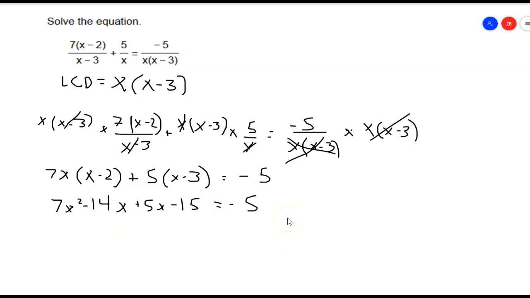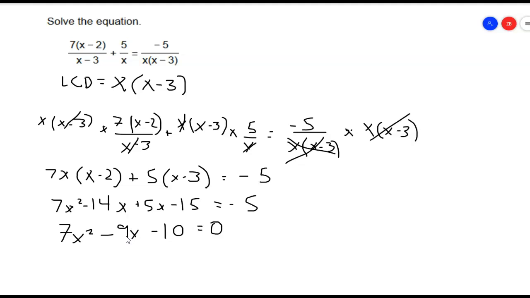The next thing I want to do is I want to move everything to the left side and just have 0 on my right. So I only have one x squared term, so that remains 7x squared. And then I have a minus 14x and a plus 5x, so that's minus 9x. And I have a negative 15. Well, I'm going to add 5 to both sides, so that should give me a minus 10 over here. And that's going to be equal to 0.